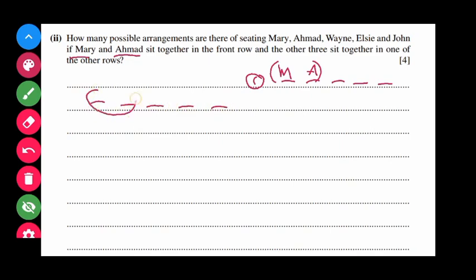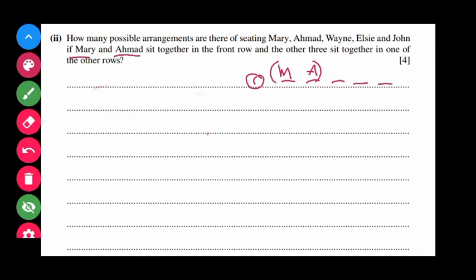These 2 seats can be occupied by Mary and Ahmad. That is one way. Or these 2 can be occupied by Mary and Ahmad. That is second way. Or these 2, third way. Or these 2 is fourth way. So totally we could find 4 ways to seat Mary and Ahmad together in the front row.